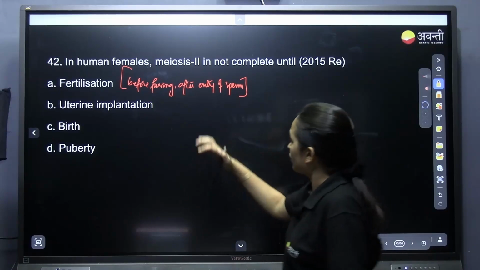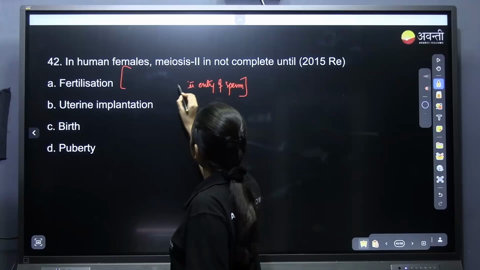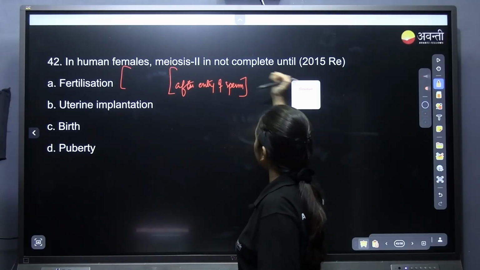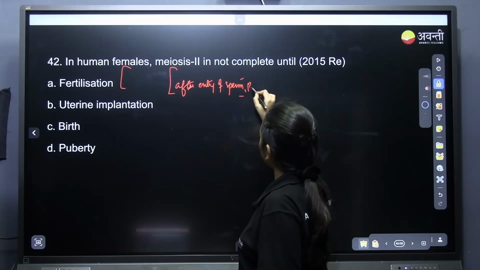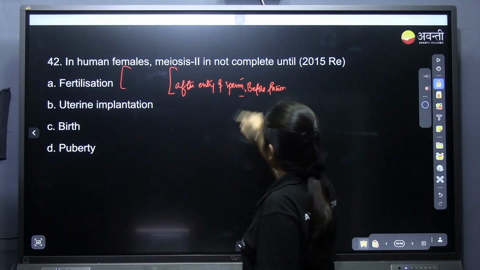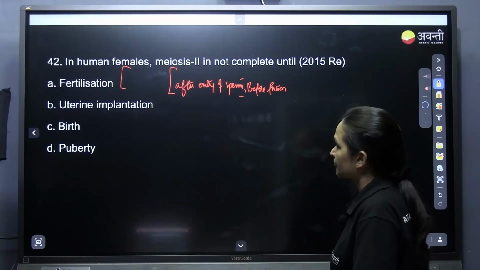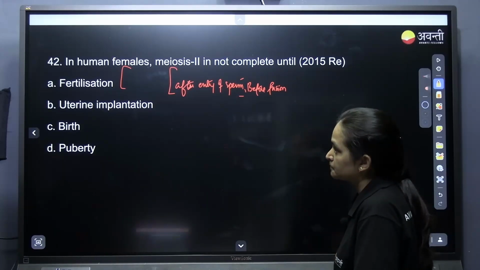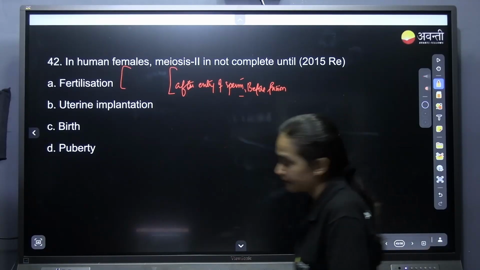Okay, after entry of the sperm and before fusion with the egg. So the right answer is A.